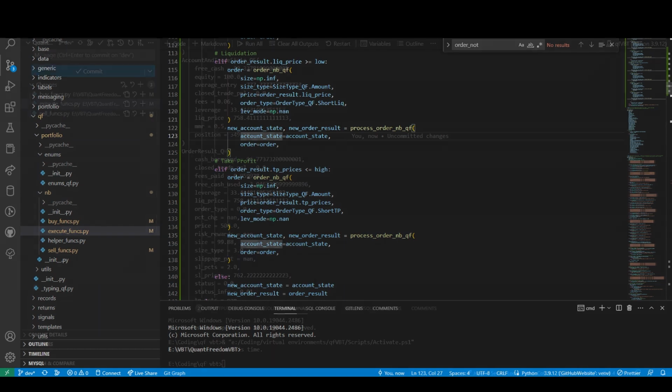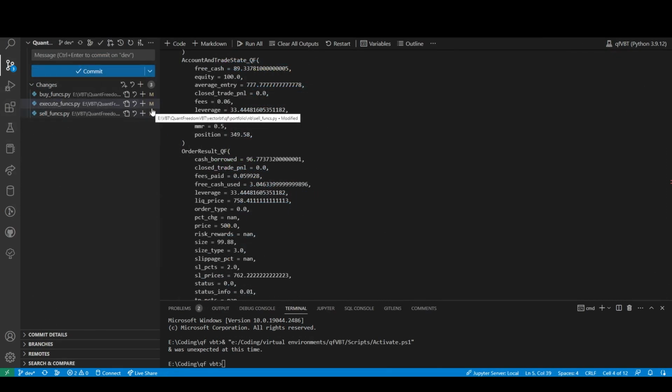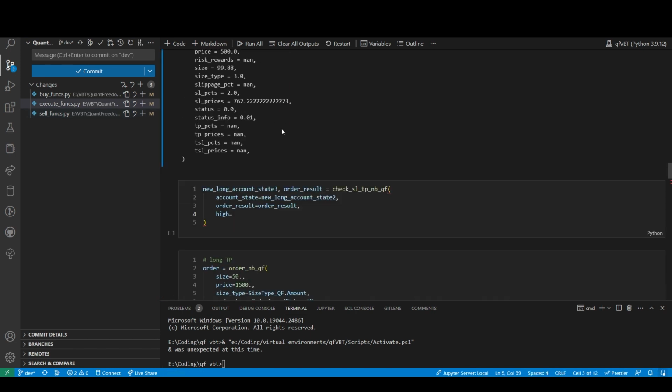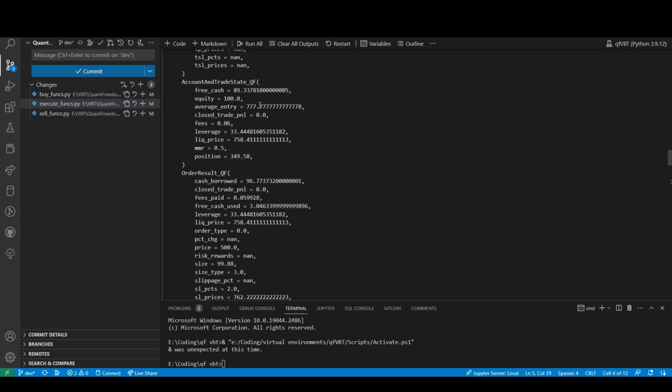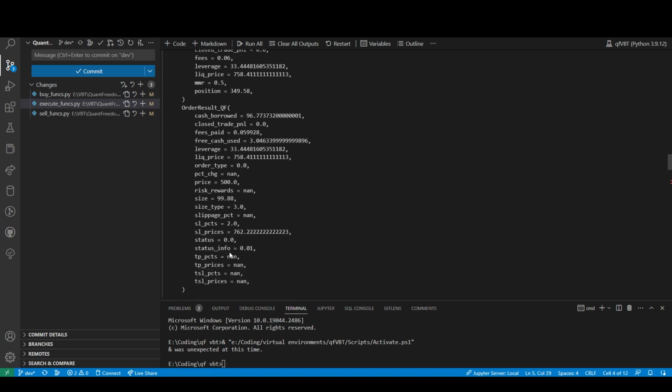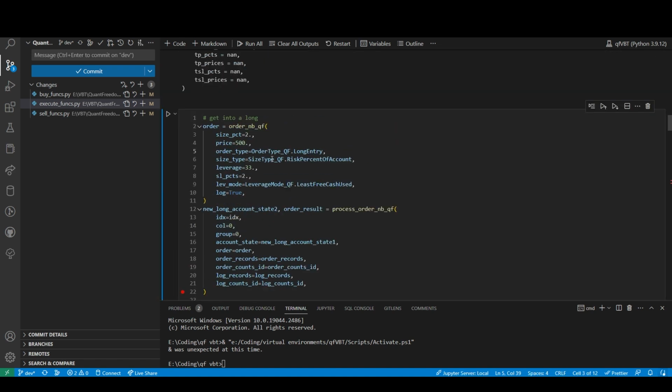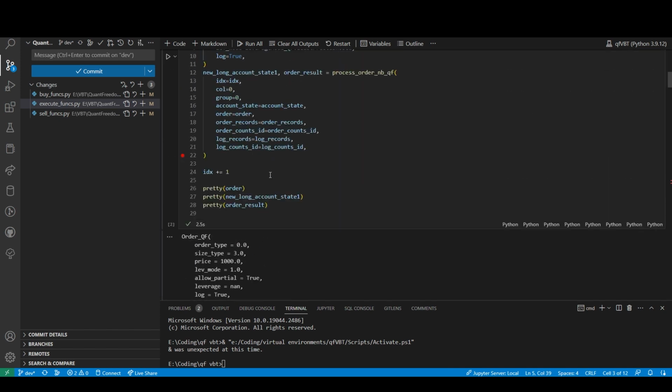Okay. So now let's go down here. And so let's put our average entry is 777. Where's our take profit price? Oh, we didn't put a risk to reward.